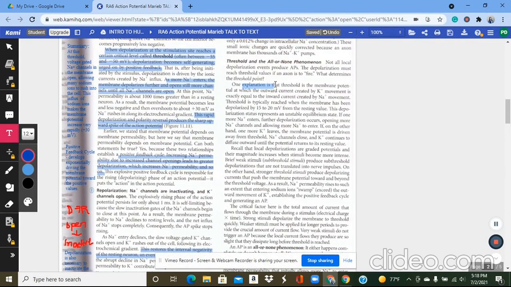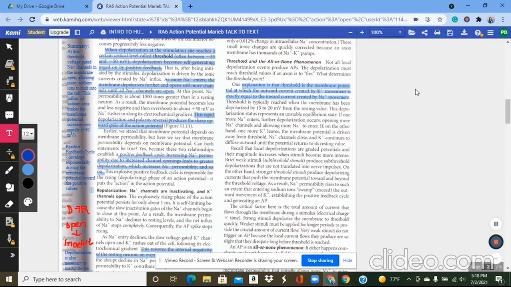So one explanation is that the threshold is the membrane potential at which the outward current created by the potassium movement is exactly equal to the inward current created by the sodium movement. Threshold is typically reached when the membrane has been depolarized by 15 to 20 millivolts from the resting value. This depolarization status represents an unstable equilibrium state.